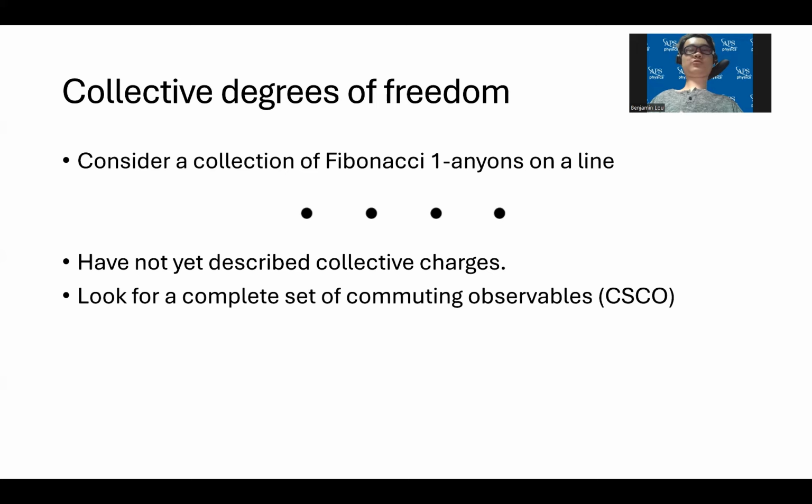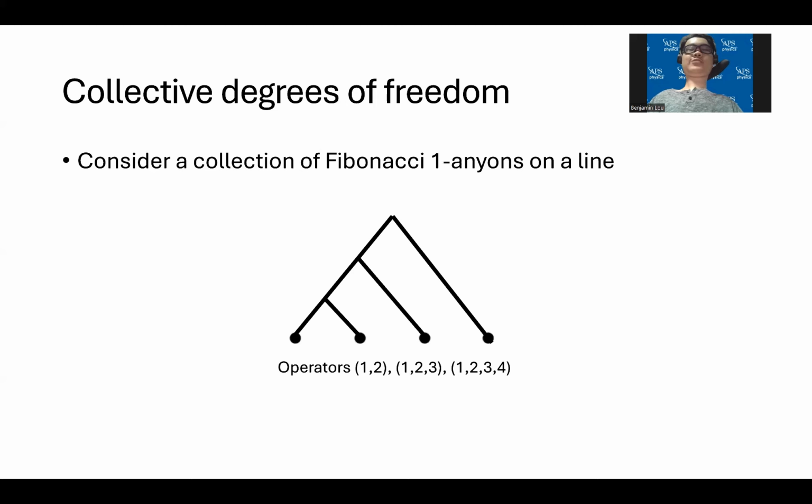To characterize the degree of freedom associated with collective charge, we're going to look for a complete set of commuting observables of total charge. Here is one such CSCO. The CSCO in particular is the total charge of the first 2, the total charge of the first 3, and the total charge of all 4 of them together.